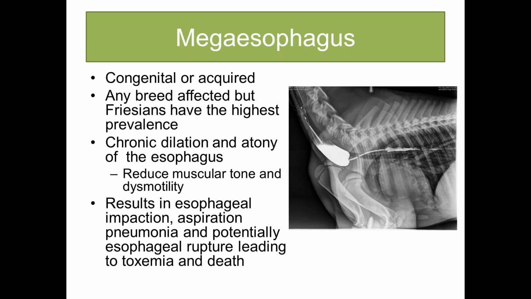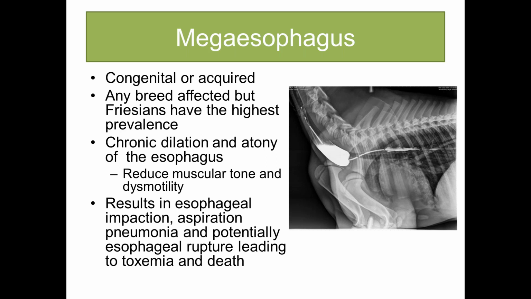As fluid builds back up from that impaction up the esophagus and into the pharynx, a lot of horses will aspirate feed and saliva into the airway. They'll get aspiration pneumonia. With progressive impaction of the esophagus, you get a lot of pressure on the wall, and it squeezes out blood vessels through the layers of the esophagus, and so you get what's called a pressure necrosis. And so you can actually get a tearing or a rupture of the esophagus.